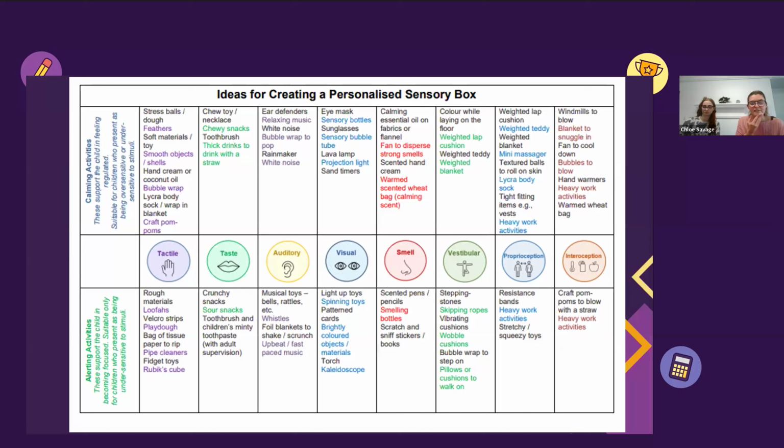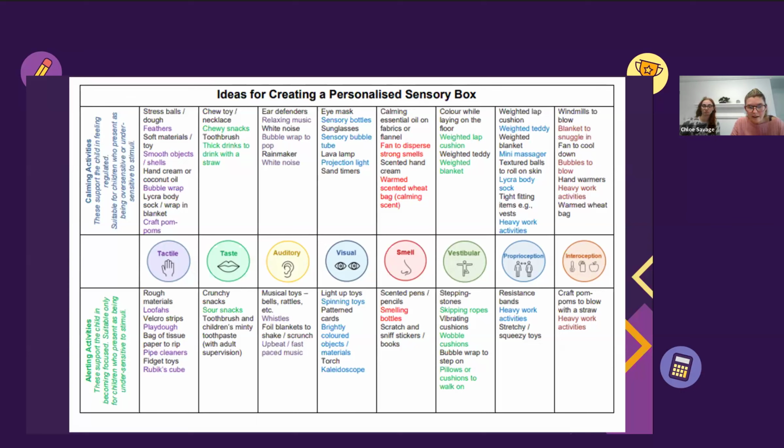If they're really oversensitive and easily overwhelmed within one sense, these calming activities might be really good examples. If, the opposite way, they're hyposensitive, so undersensitive to one of the senses, the activities below the icons might be helpful.